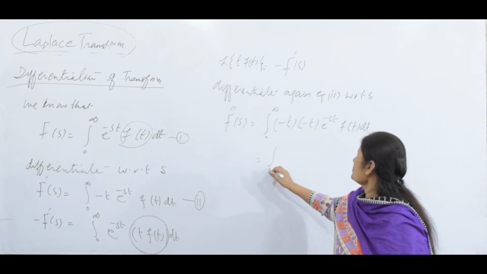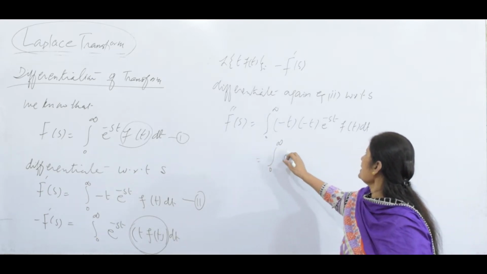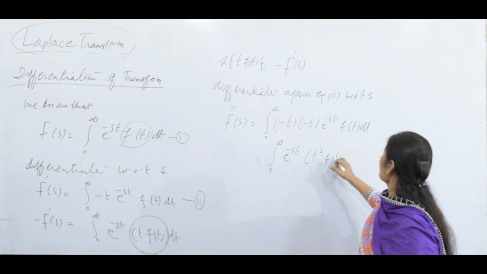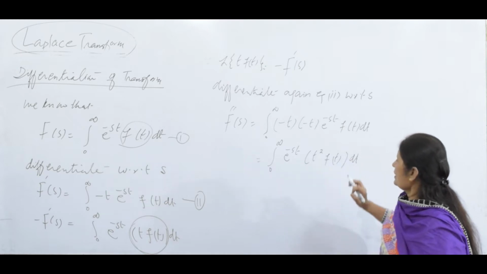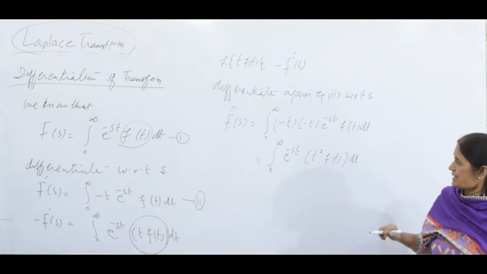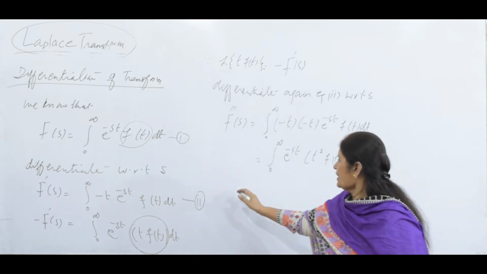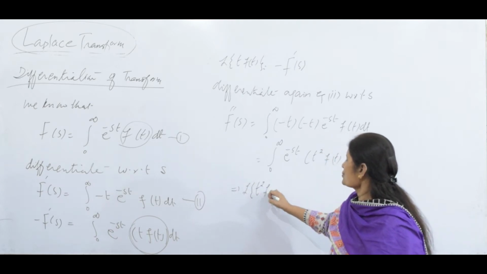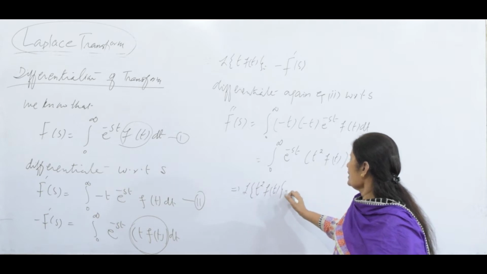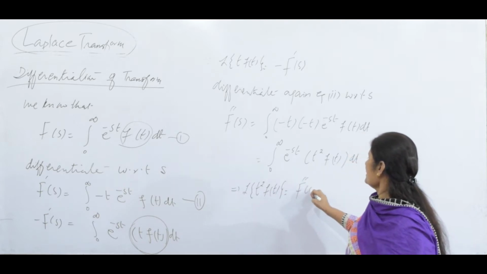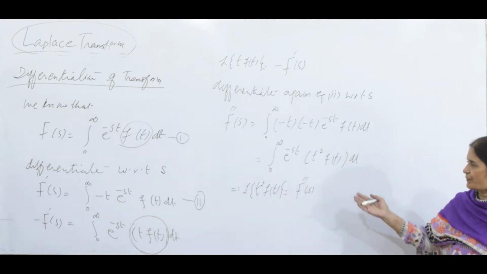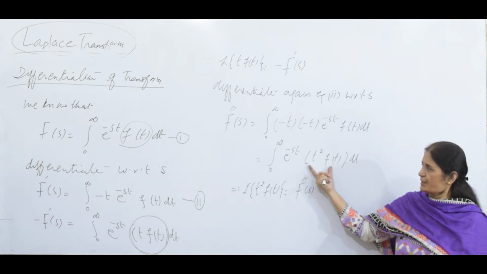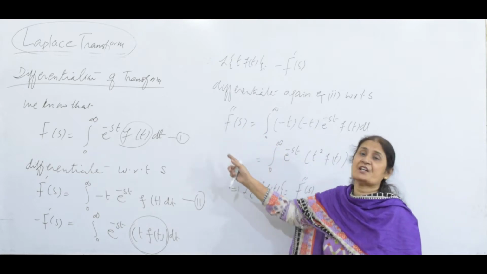So this becomes the integral from 0 to infinity of e^(-st) t^2 f(t) dt. It means the Laplace transform of t^2 f(t) is equal to F''(s). By definition, this is the function t^2 f(t), and its Laplace transform is F''(s).